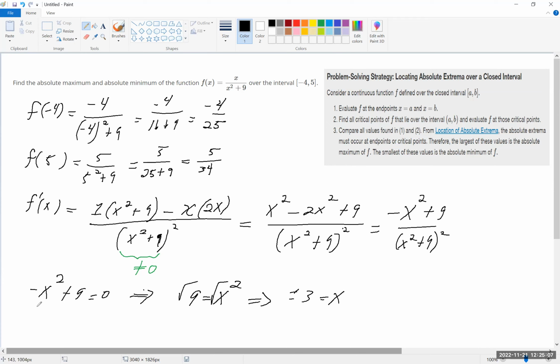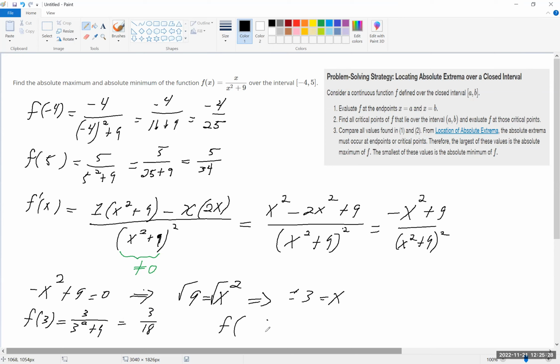And so the last thing we need to do is evaluate f at plus 3 and at minus 3. So that's 3 over 18.